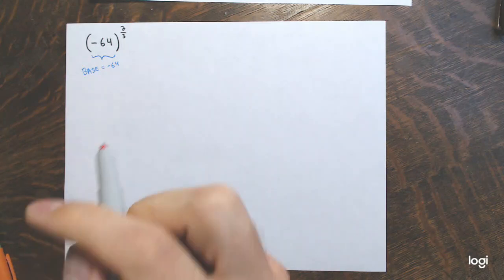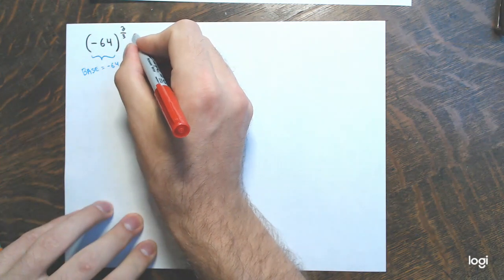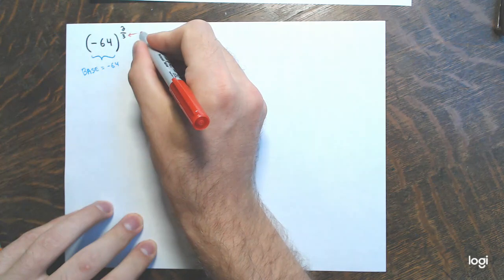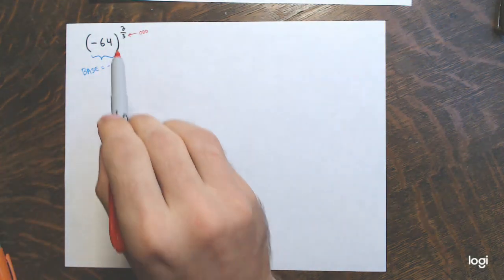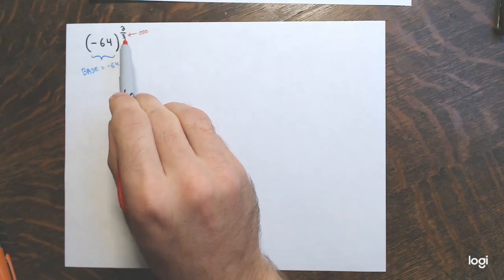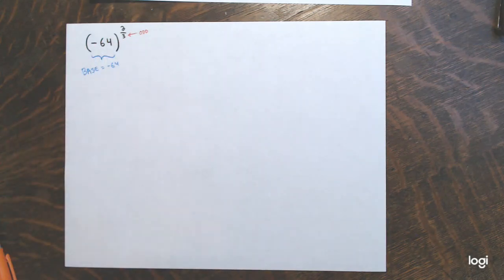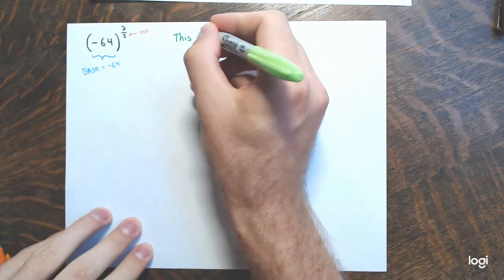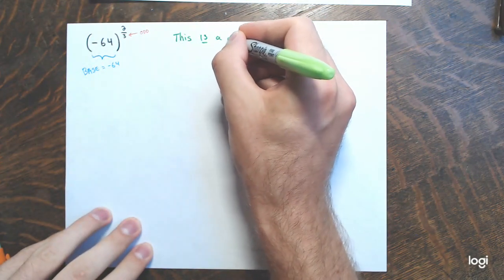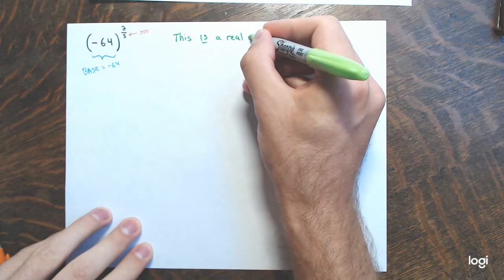Now look at the denominator. Again, we're focusing on the index at first. The denominator on that power is 3, an odd number, so it doesn't matter if the base is positive or negative. This is a real number. We can find its value.